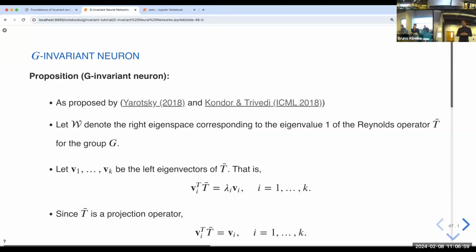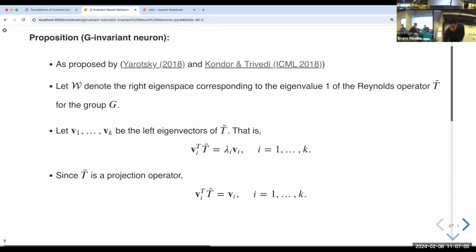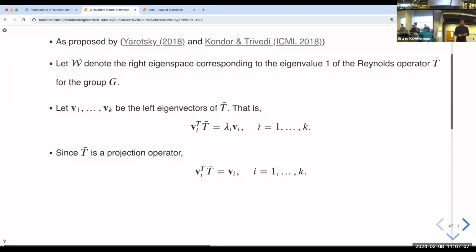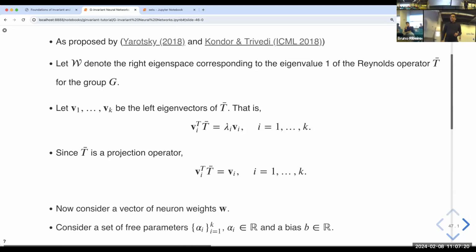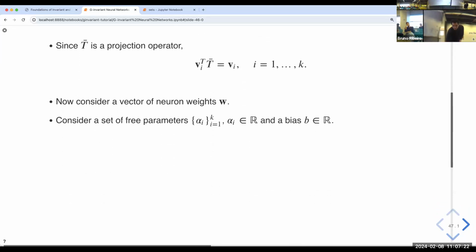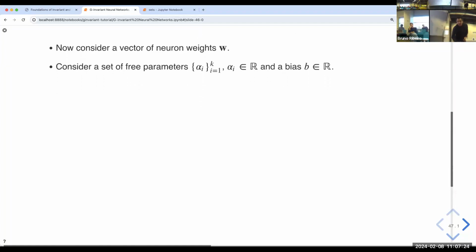This has been proposed in the 2018 papers. If we are saying that W is the eigenspace, then, as we saw before, because of the projection we get this, so that we are just using the eigenvectors of T bar. Now we consider a neuron weight W and a set of parameters alpha.